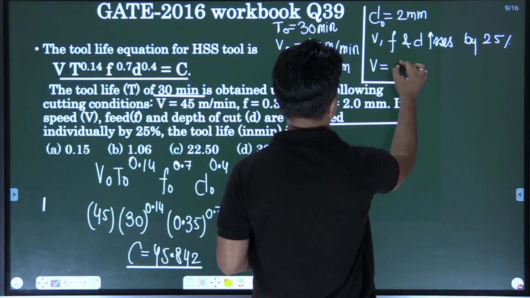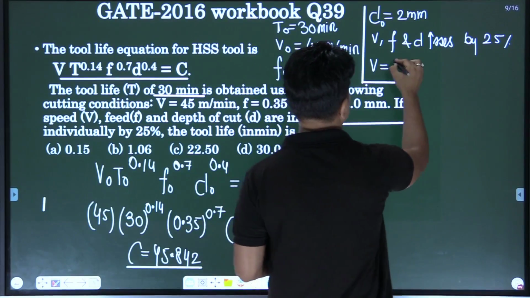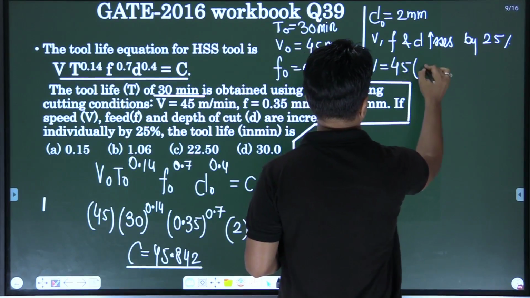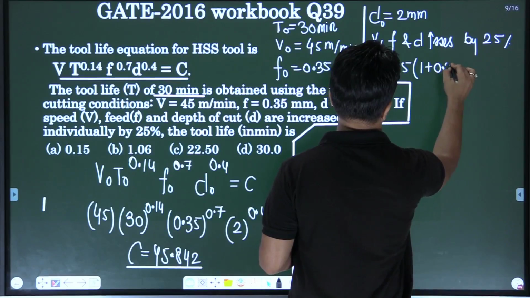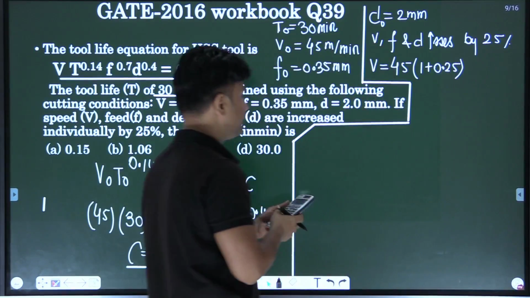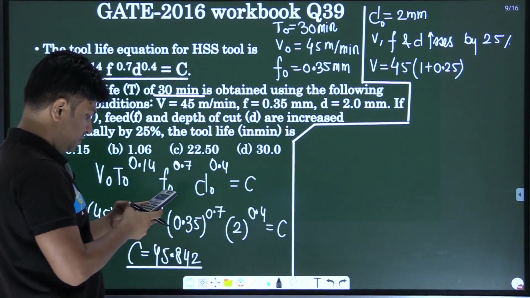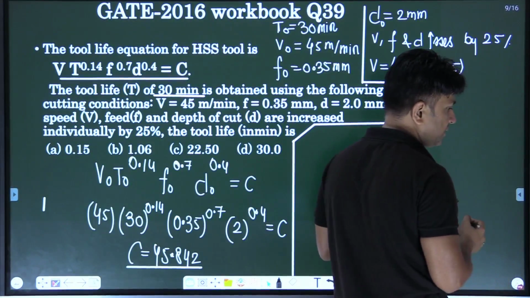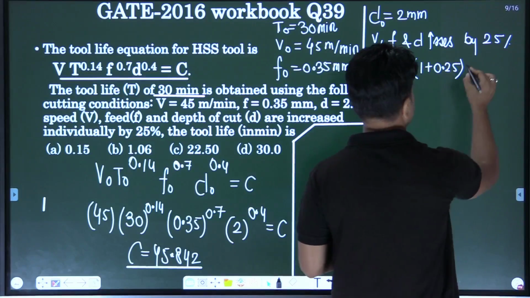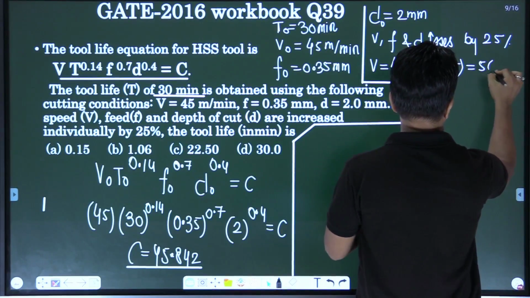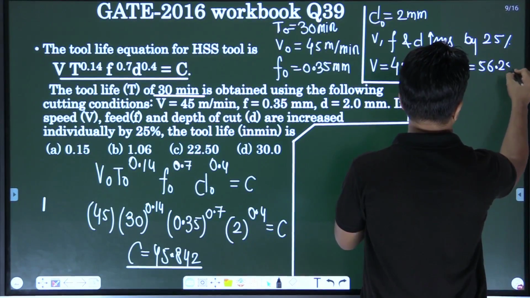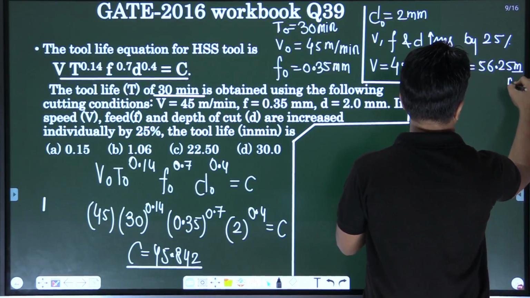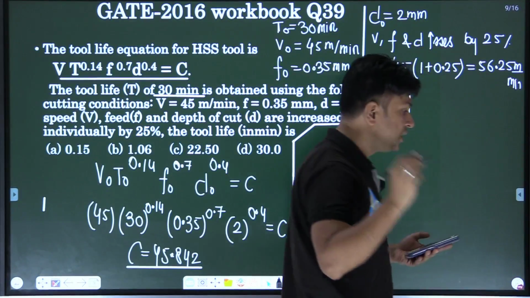V equals 45 into 1 plus 0.25, right? So 45 into 1.25, it will become 56.25 meter per minute. Remember the unit.